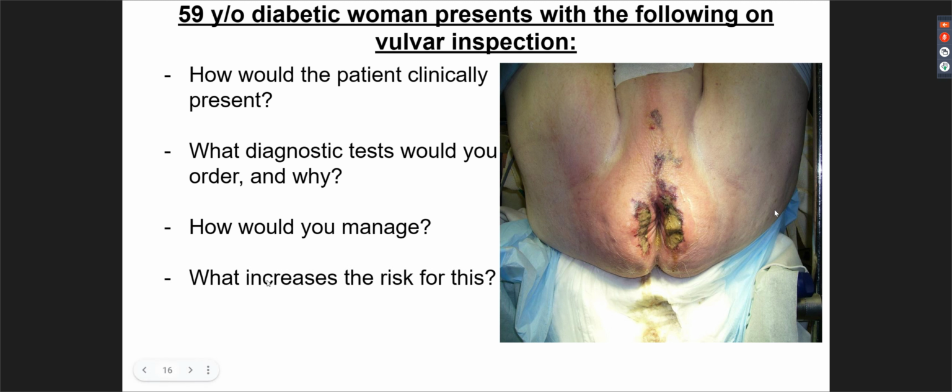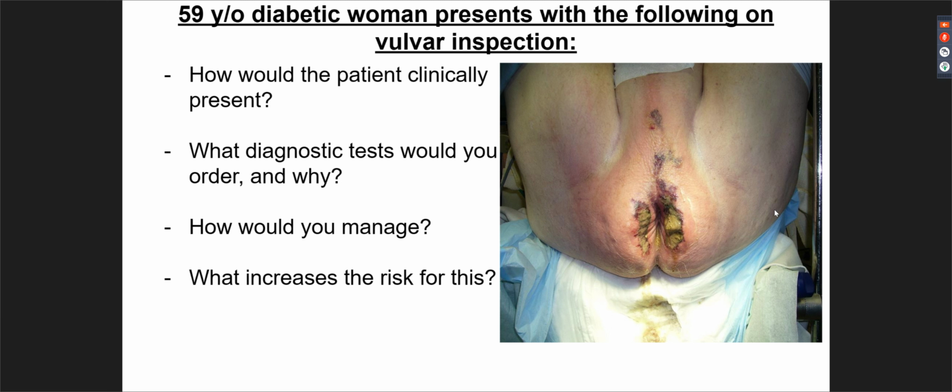So what increases the risk for this? In this patient, without knowing more about her, I would say her most salient risk factor is that she has diabetes. Diabetes, especially poorly controlled, would increase the risk. Any type of trauma to the vulva has the potential to result in an infection that can eventually progress to this type of medical issue.